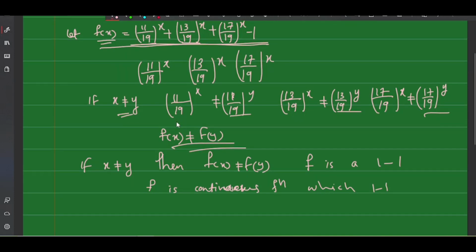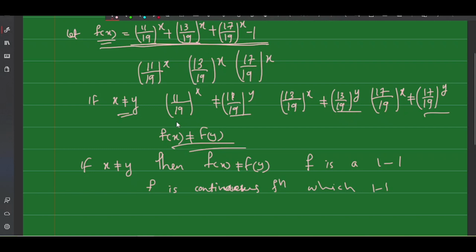We know that if a function from R to R is continuous and 1-1, then either it will be a strictly increasing function or it will be a strictly decreasing function. Now we are going to check whether this function is strictly increasing or strictly decreasing.